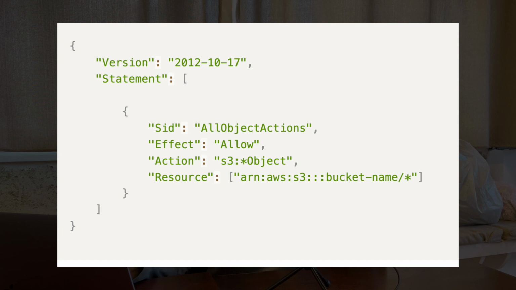So again, the resource is bucket name/*. We've seen how this wildcard can help us create a read and write policy for the objects of one bucket. Again it is *Object, meaning GetObject, PutObject, and DeleteObject are allowed by this policy.